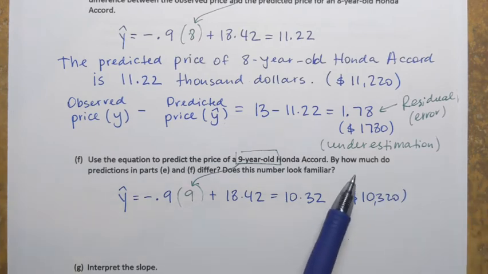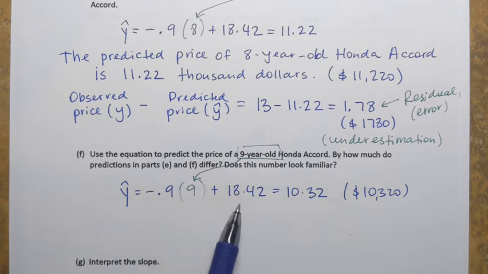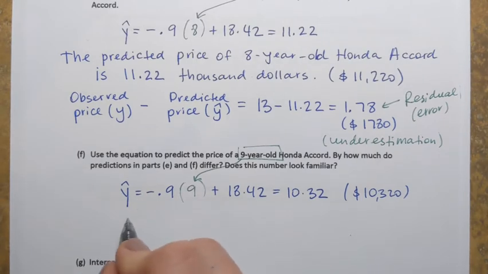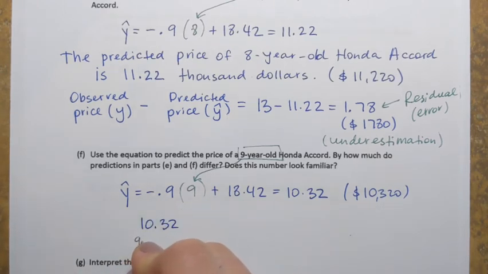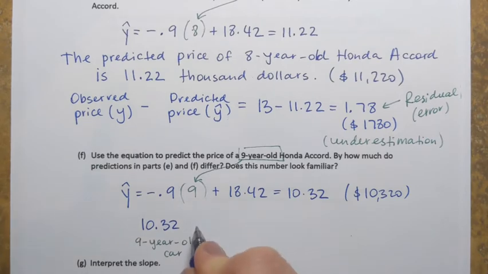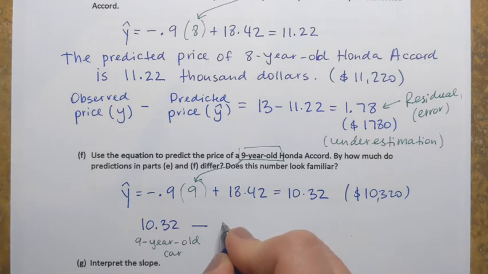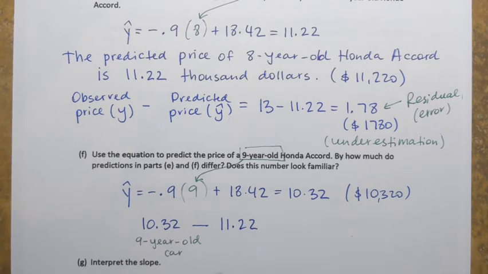Then we need to find by how much the predictions in part E and F differ. Let's take the prediction we just found in part E, 10.32, for the 9-year-old car, and subtract the predicted price for the 8-year-old car, which is 11.22.